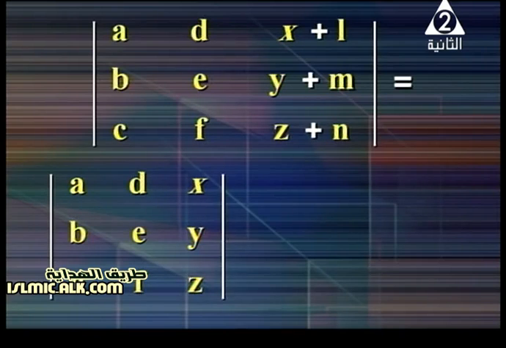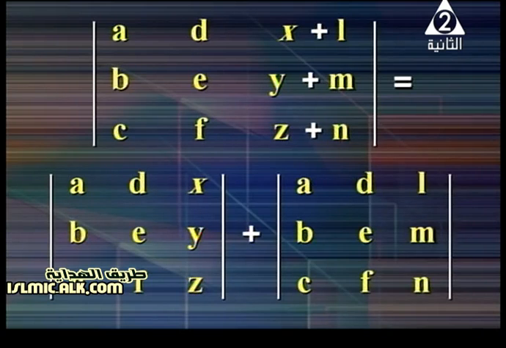The first has first column a, b, c, second column d, e, f, third column x, y, and z, plus the same first column a, b, c, second column d, e, f, third column 1, m, and n. This property is very important.